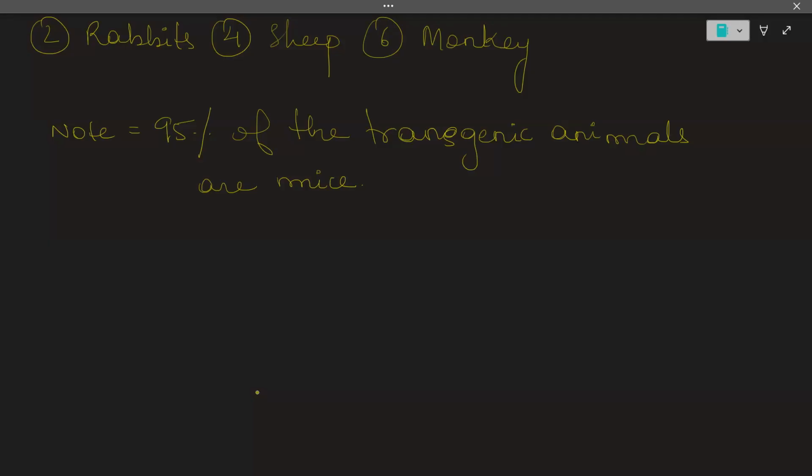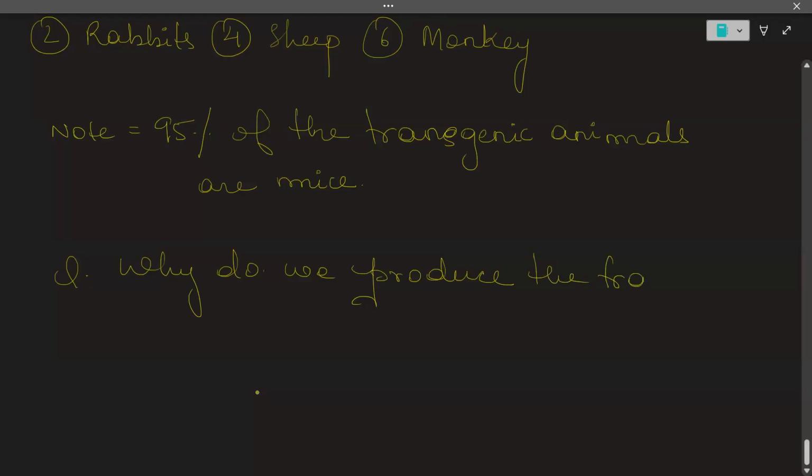And why do we produce them? Some transgenic animals are produced for specific economic traits. So the question comes, why do we produce them, what is the reason that we produce the transgenic animal?